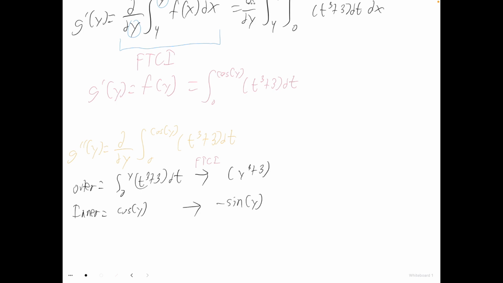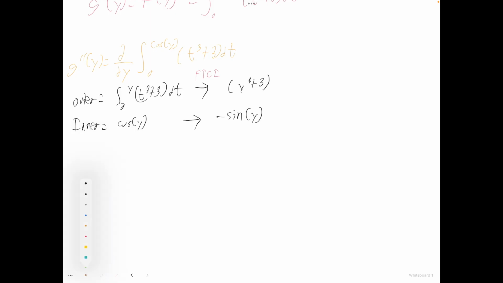Okay, and so using the chain rule then, we have that the derivative with respect to y of the integral from 0 to cosine of y of t cubed plus 3 dt is equal to the derivative of the outer function with the inner function plugged in. So we're going to have cosine cubed of y plus 3. I've plugged the cosine into the inner function.